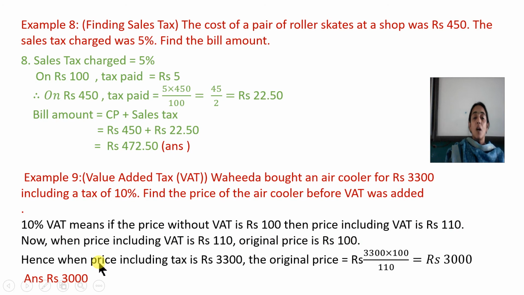So when the price including the tax is rupees 3,300, the original price is equal to how much? I can equate it by cross multiplication. So 3,300 into 100 upon 110, which is equal to rupees 3,000. So the answer is rupees 3,000.